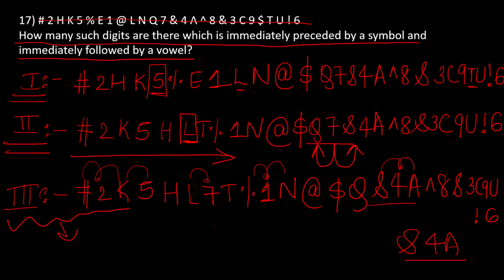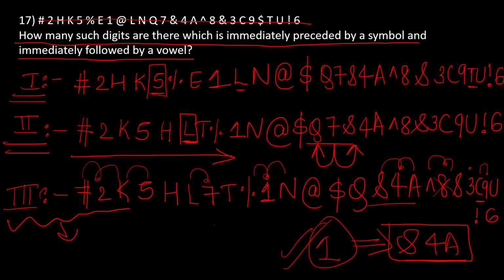Next, 8, this is also not. Then if you see this one, C is not a vowel. Another one you can see, but it is not preceded by a symbol, so this is also not. Only one you will get as the answer. So 1 is your correct answer.